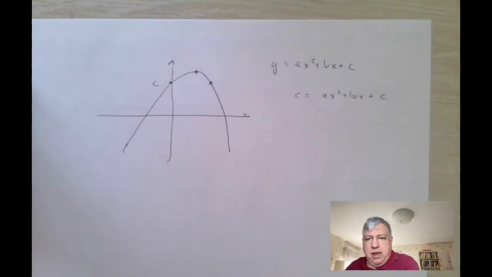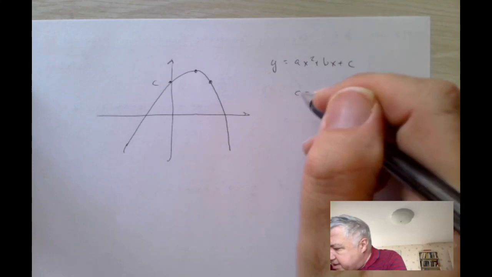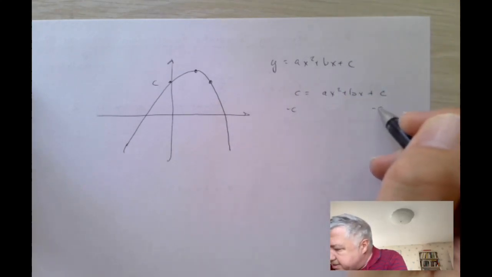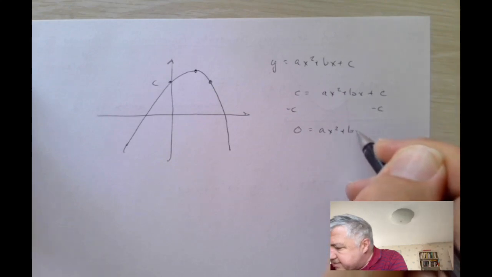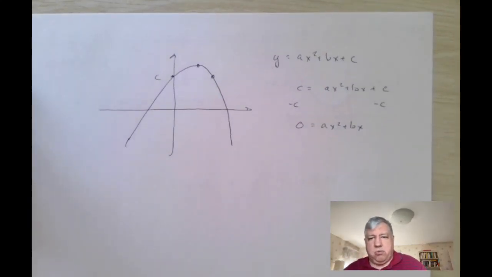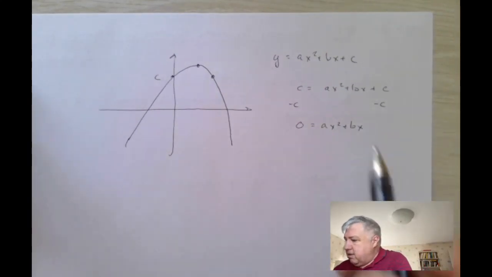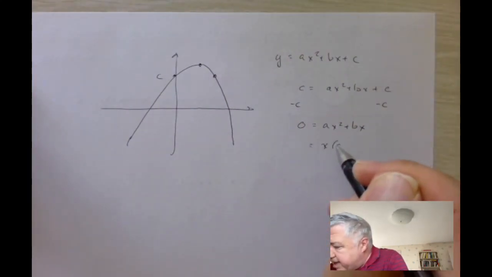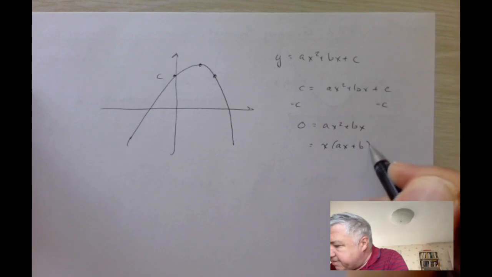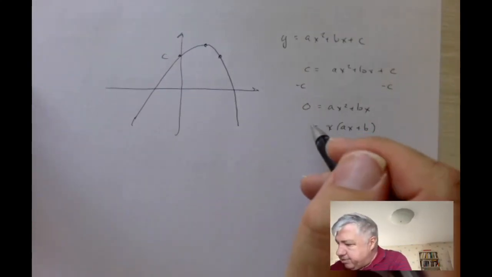Okay. And then if we subtract c from both sides, we get 0 equals ax squared plus bx. Now, can we solve for x? Well, we can if we factor out an x, and we'll get x times (ax plus b) equals 0.